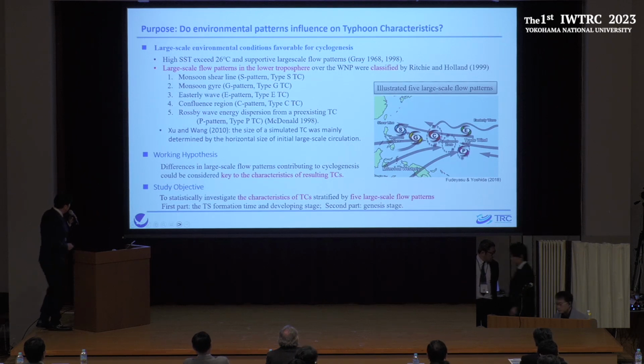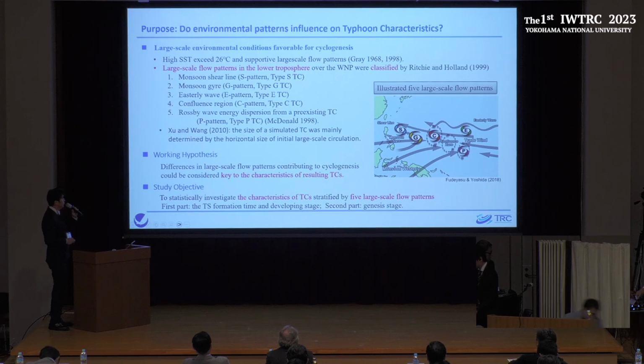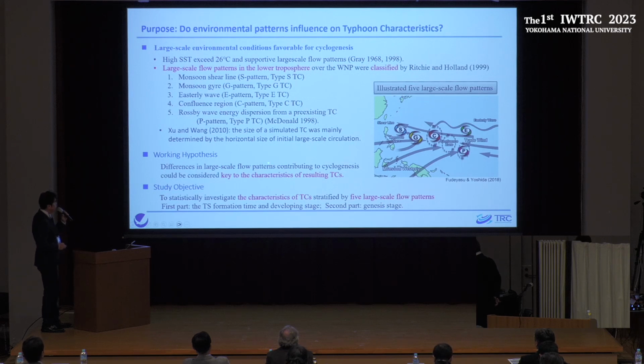On the other hand, Wu and Yu-Chi Wan found that the size of the simulated tropical cyclone was mainly determined by the horizontal size of the initial large-scale flow circulation.